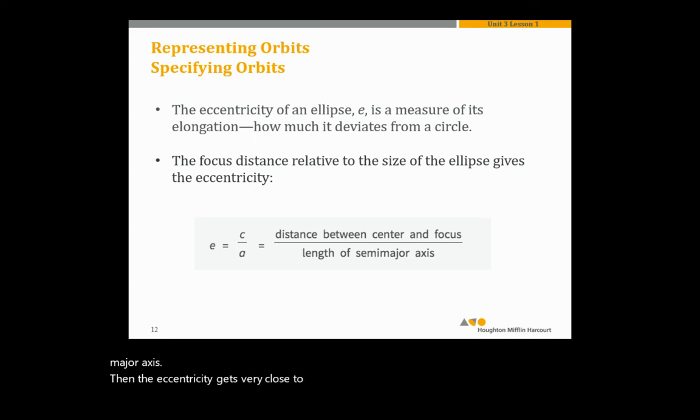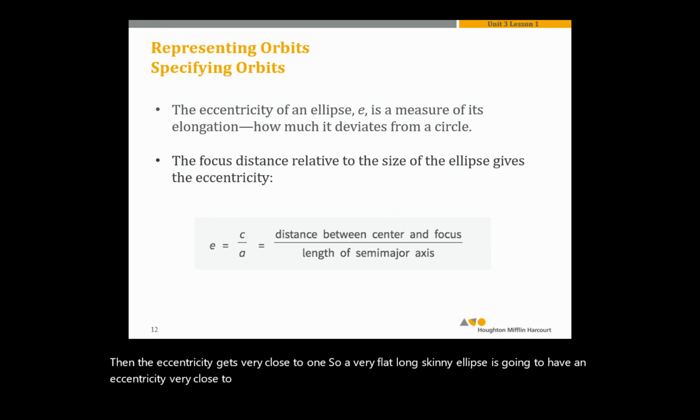A very flat, long, skinny ellipse is going to have an eccentricity very close to 1. So eccentricity ranges from 0, which is a perfect circle, to 1, which is completely stretched out and flattened.